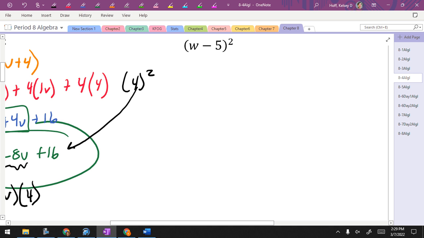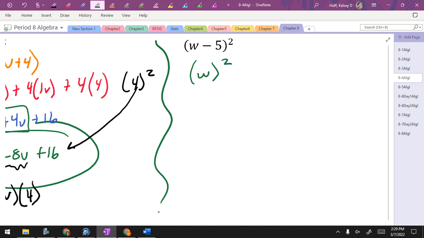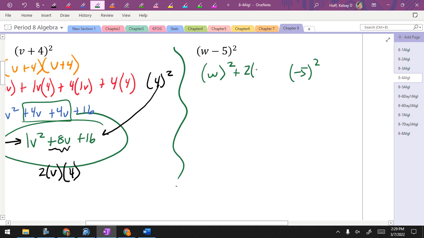Thatcher told us to do what? Square the first one. What's our first term? So I'd have W, and I'm going to square it. Meg told us to square the second term. What's the second term? Be careful here. -5, and we're going to square it. Sophia said to get that middle term, we have to take two times the W, that first term, and times -5.